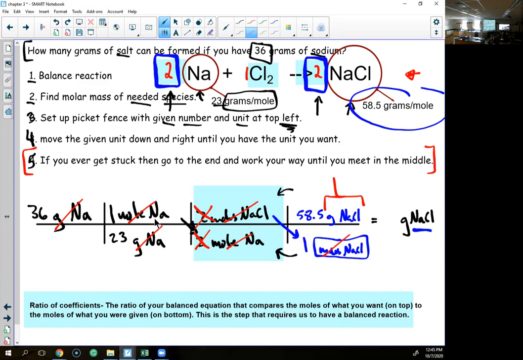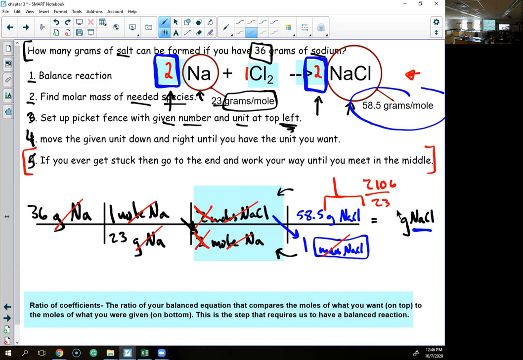When we get this completed, you take all the numbers on top and you multiply them. You take all the numbers on bottom and you multiply them, and then you divide the two answers. So someone please take 36 and multiply it by 58.5. 2,106. And then you divide that by 22.